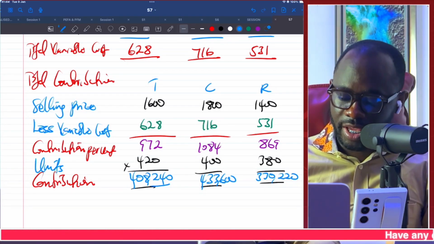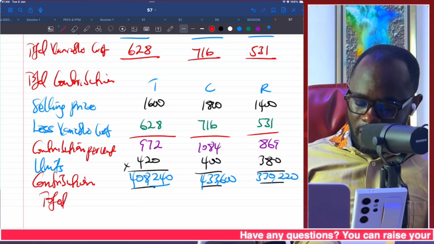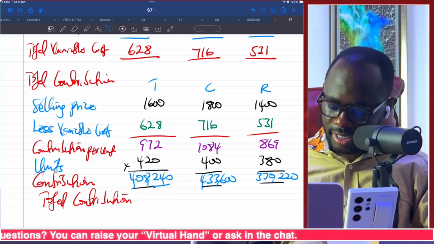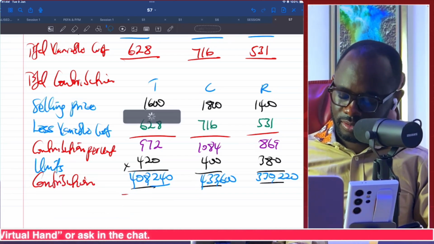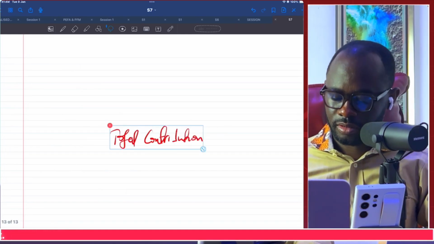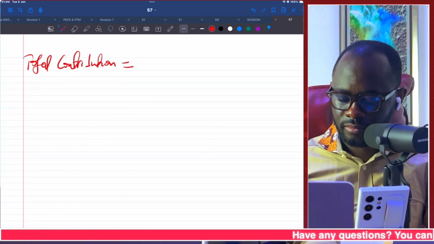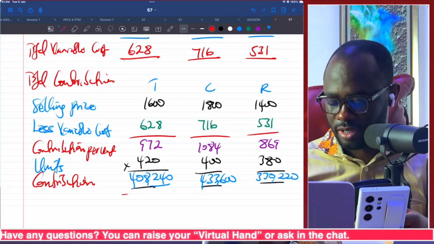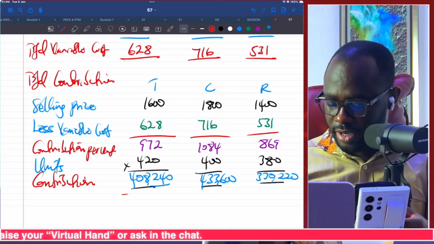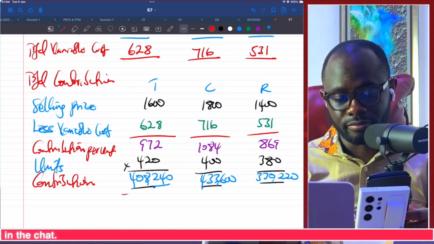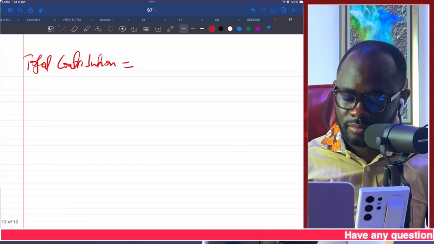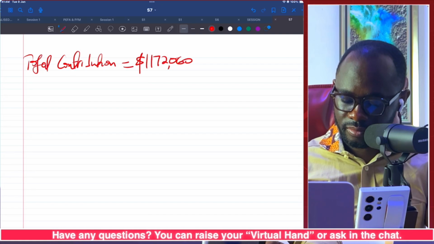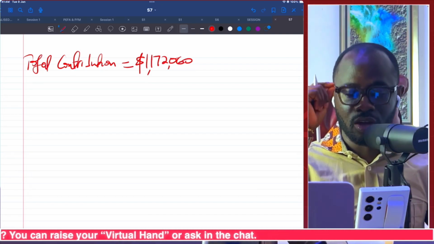So we add the 3 up to give us the total contribution. I think I need to go to the next slide. Which is 330,220 plus 433,600 plus 408,240. And I'm getting 172,060. So this is our total contribution.